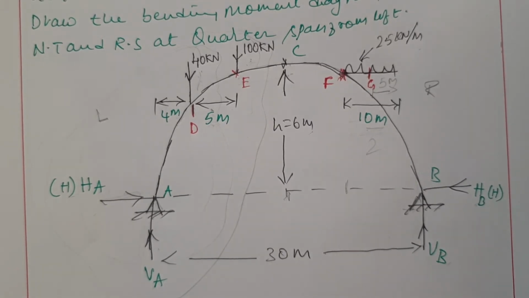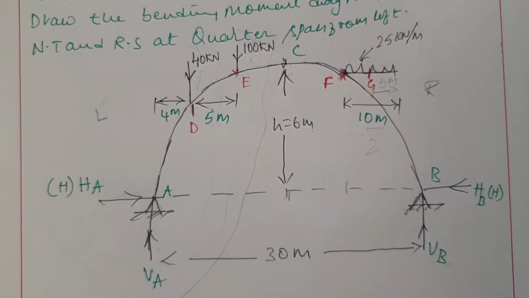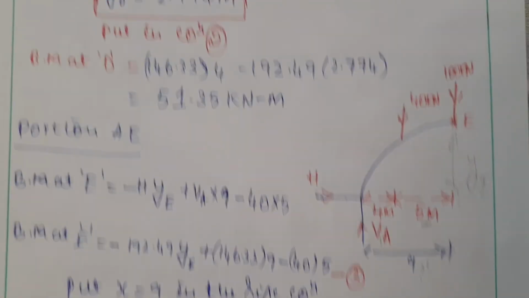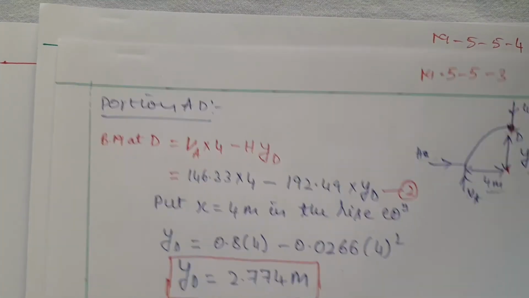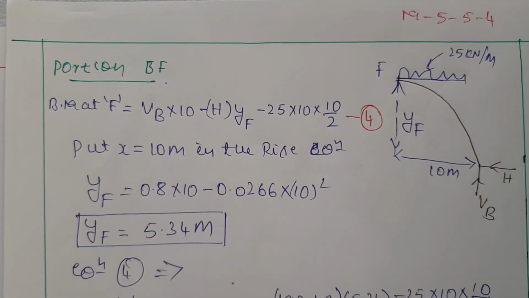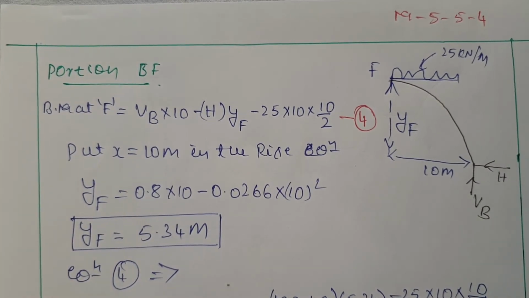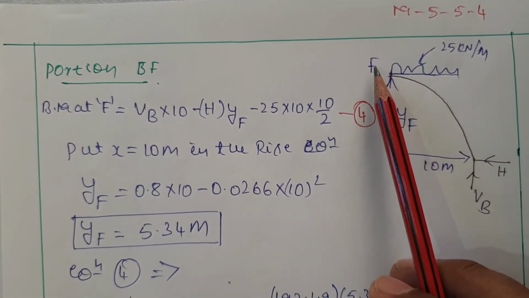Why? Because we don't know where exactly we can get the maximum bending moment. That's the reason. You can see from this one, I am considering first the portion B to F. B to F there is a UDL up to point F.